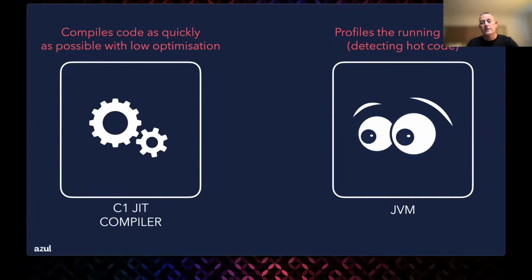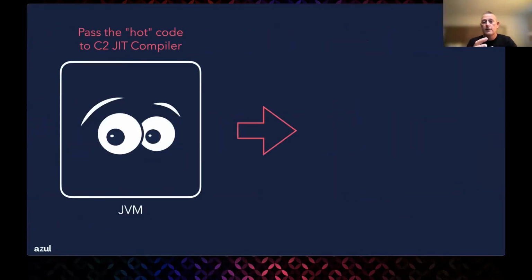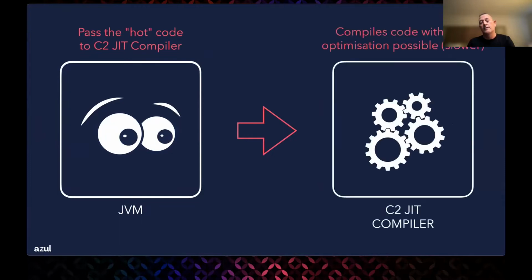Again, it figures out how often specific parts of the code have been called, like method counting. Once another specific threshold is reached, it will take this hot code and pass it to the C2 compiler, formerly known as the server compiler. It is more complex and creates much better optimized code, but it's also slower because it does all these optimizations and that takes longer, right?